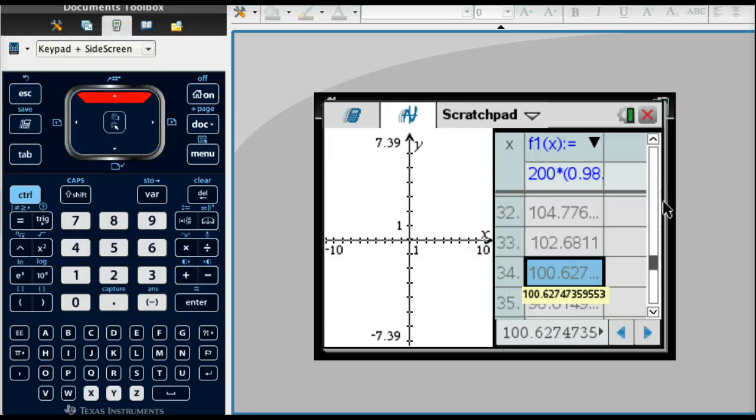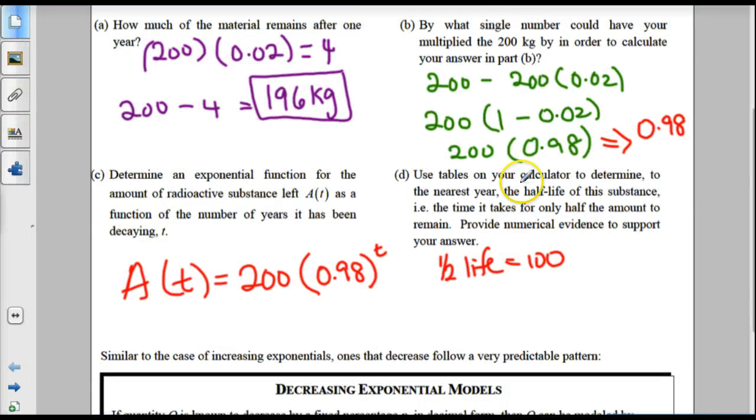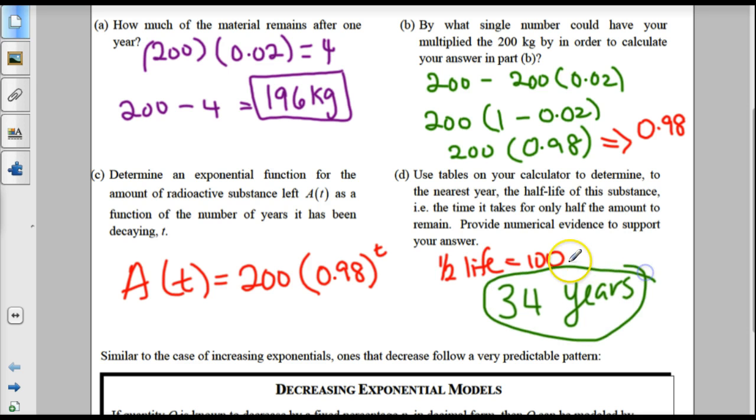Look at this. At 100, it is somewhere between 34 and 35. Now, 35 is too much because at 35, I only have 98.6 kilograms. I want it to be 100, somewhere closer. The closer to 100 is 34. So when the question asks, how long using the table, we're just going to say 34 years. So 34 years is going to be somewhere around my half-life.